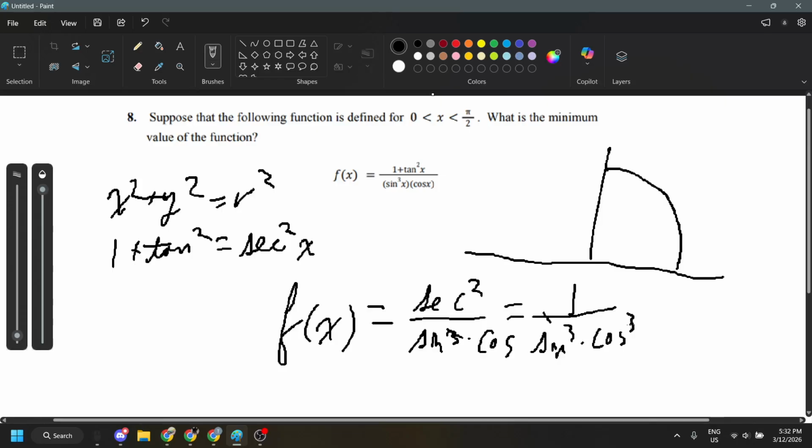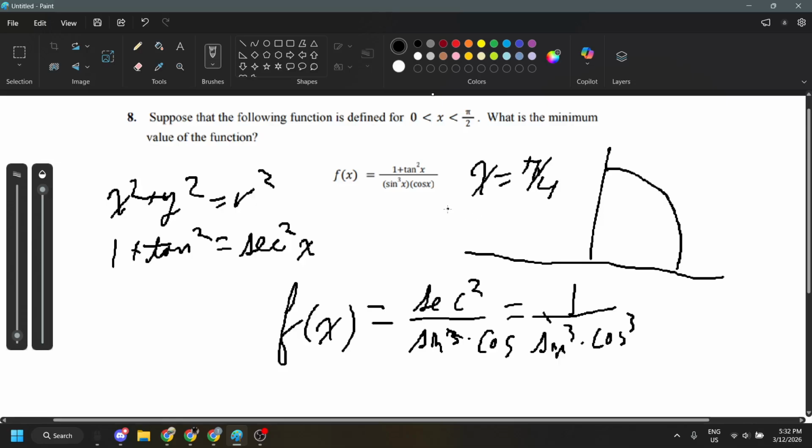How do we minimize this? Well, I think it's in the middle of sine and cosine. I think x is equal to pi over 4. That's the only extremum in the domain, between 0, pi over 4, and pi over 2.